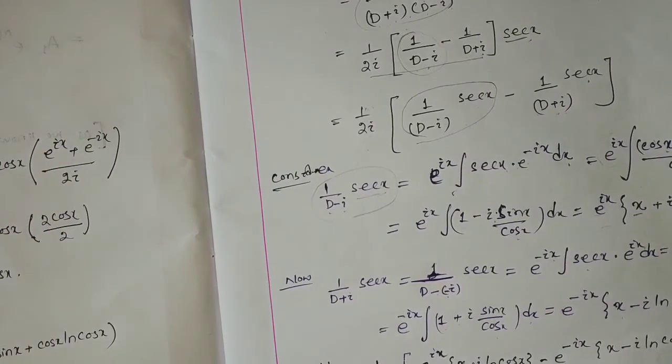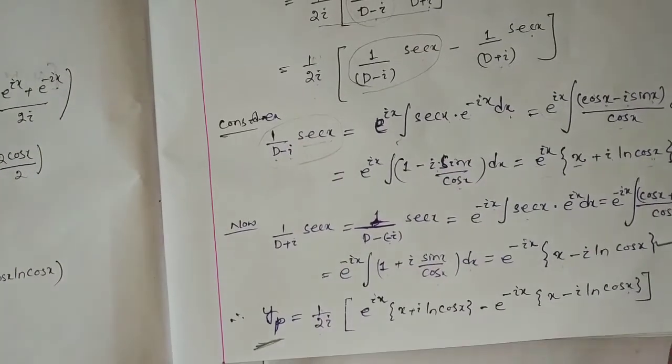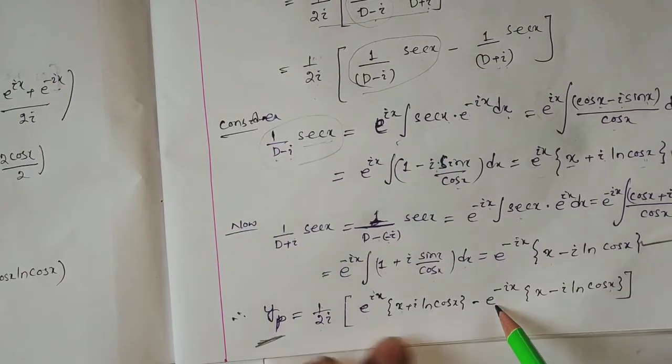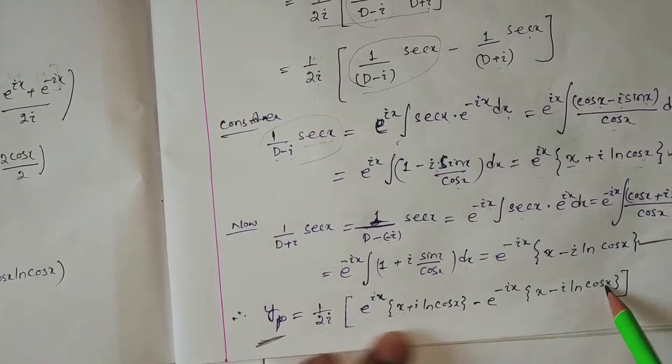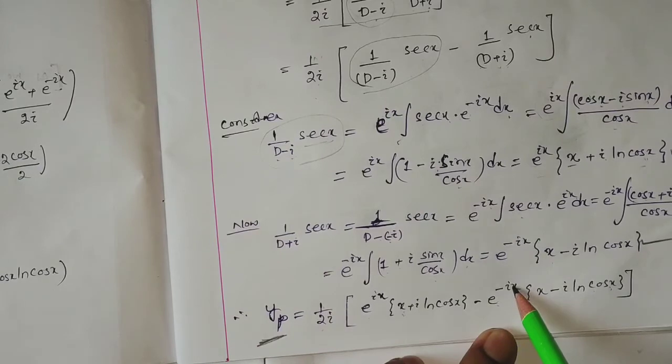Here you can see that if I multiply e to the power ix with these two terms and e to the power minus ix with these two terms, we find e to the power ix into x, and e to the power minus ix into x.